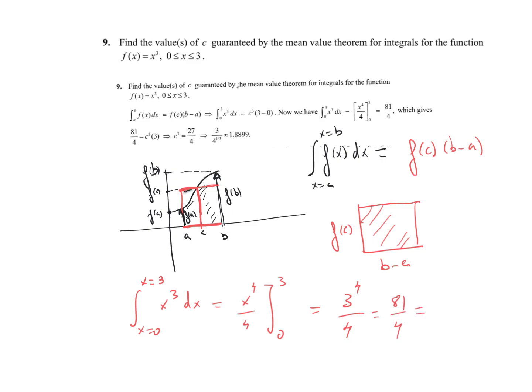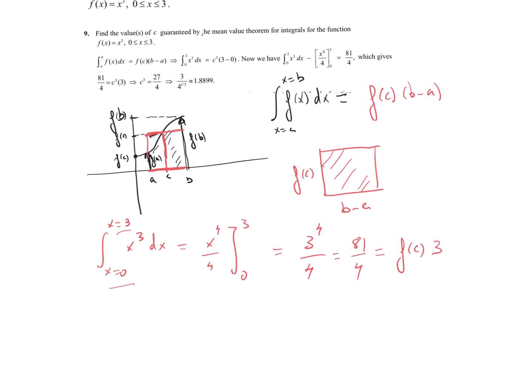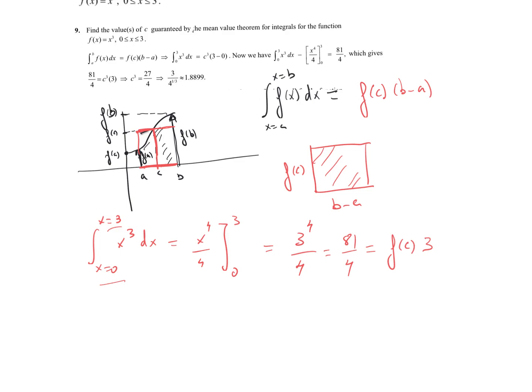And 81 divided by 4 should be equal to f of c by b minus a. b minus a is from x equals 0 to x equals 3. b minus a is 3. So the equation that I have is that 81 divided by 4 is f of c multiplied by 3. Then f of c is 81 divided by 4 times 3, or 81 divided by 12.